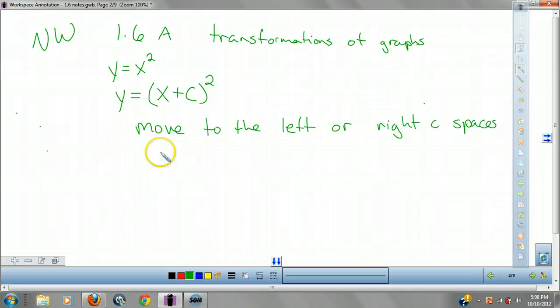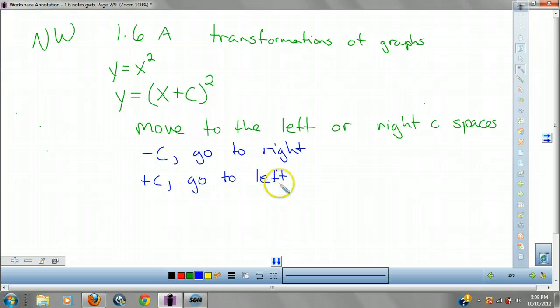So when it's there, if it's negative C, you go to the right, and if it's positive C, you go to the left. So you go opposite of what you think you would.